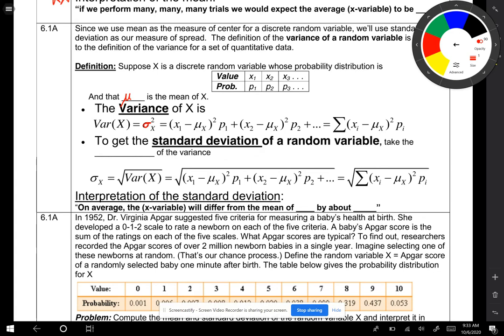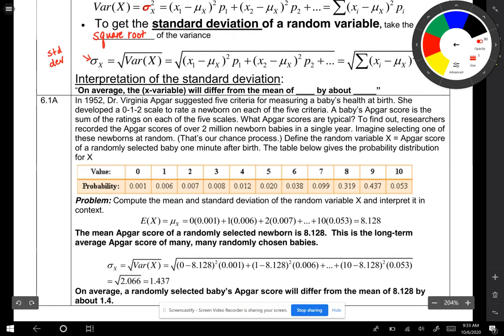To get the standard deviation, all you do is you take the square root of the variance. So the standard deviation, denoted by sigma, you just take the square root of it. I don't really need to go any further into that.